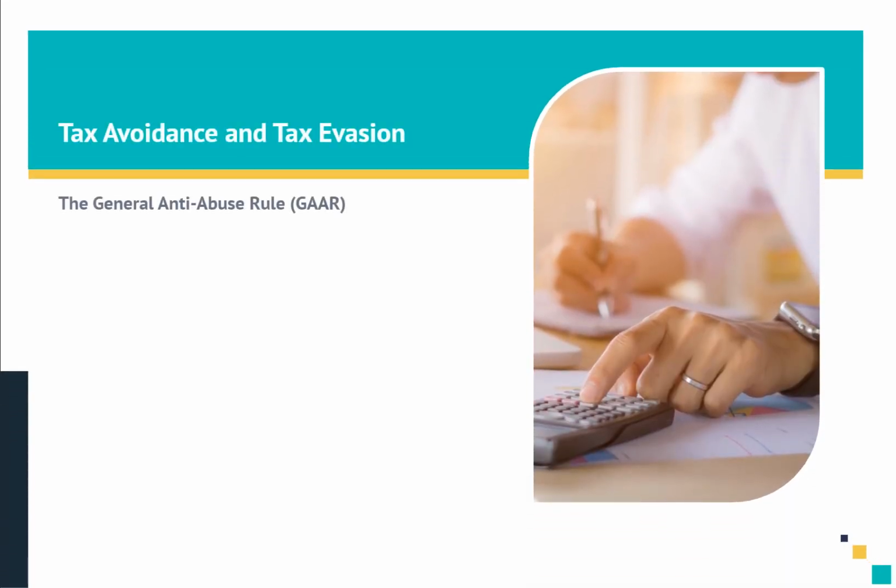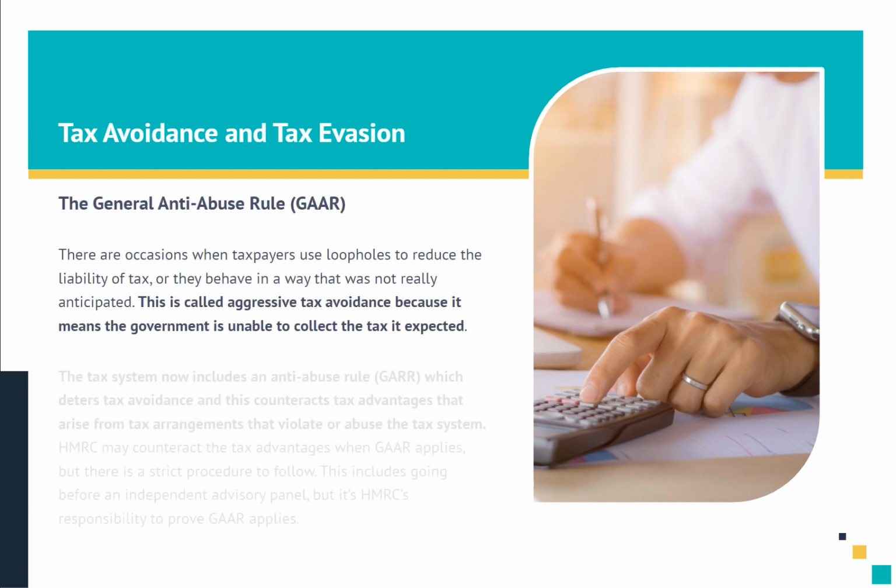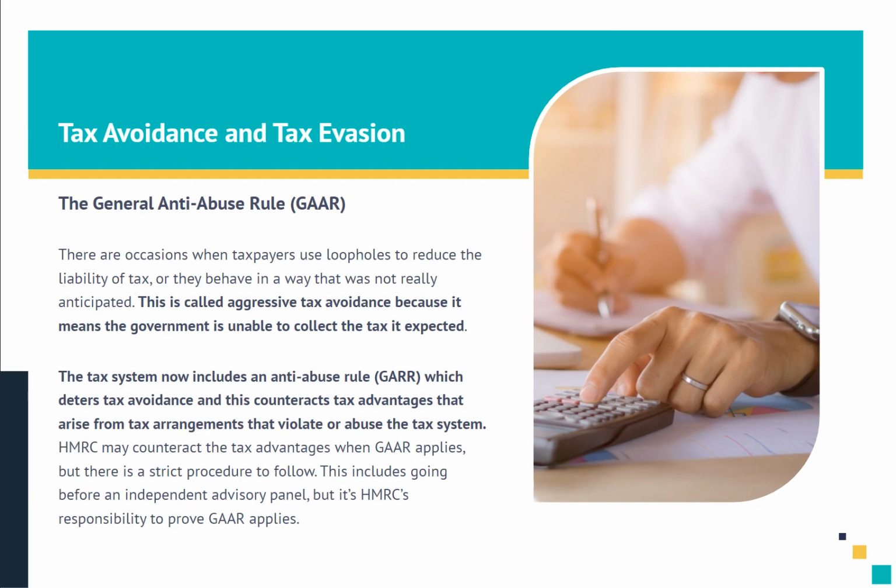The General Anti-Abuse Rule, GAAR. There are occasions when taxpayers use loopholes to reduce the liability of tax, or they behave in a way that was not really anticipated. This is called aggressive tax avoidance because it means the government is unable to collect the tax it expected.